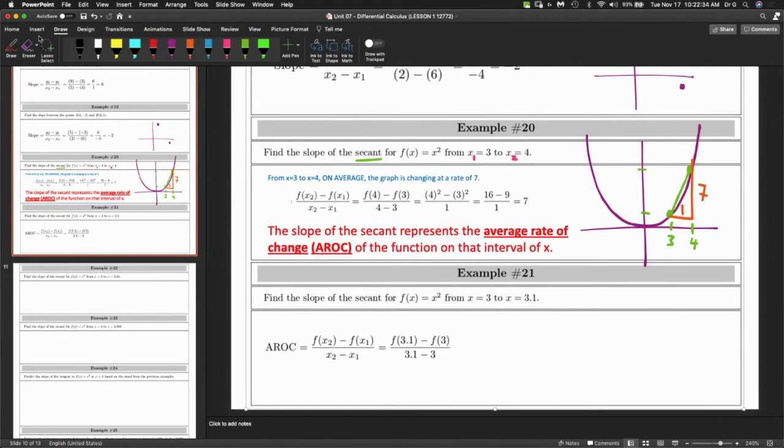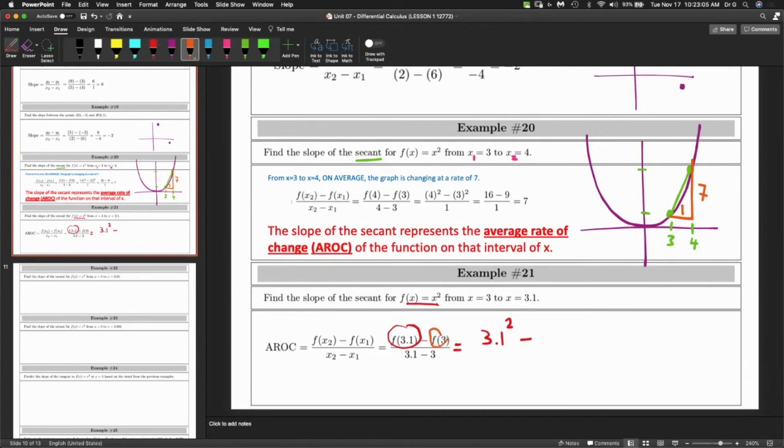I'm going to give some people time to do that here. So what you want to do is, in this case, f of 3.1, you're plugging 3.1 into the original function right here. So that's 3.1 squared. You're close, Jordan. It's 0.61 divided by 0.1.